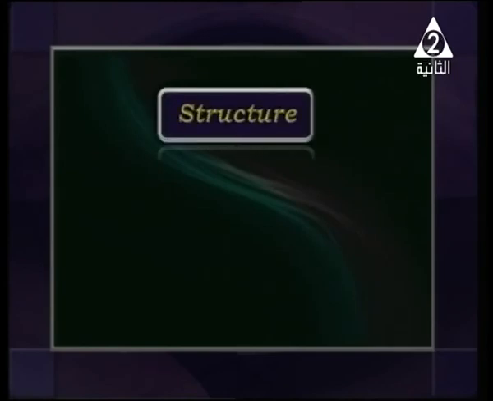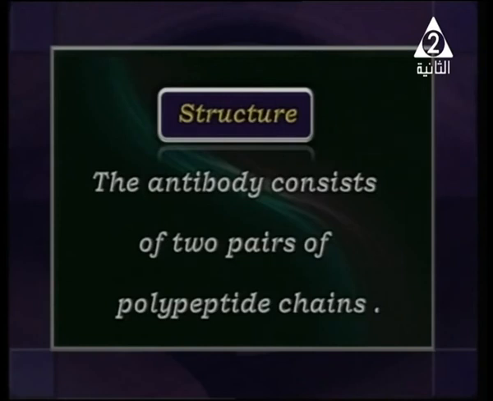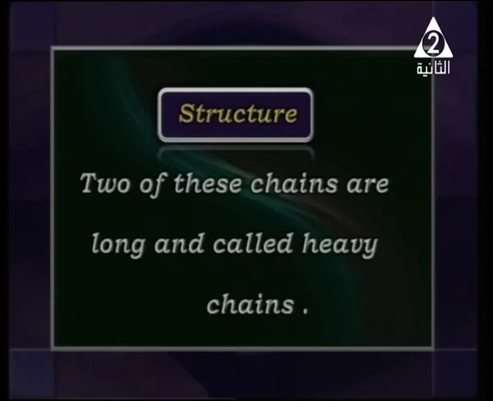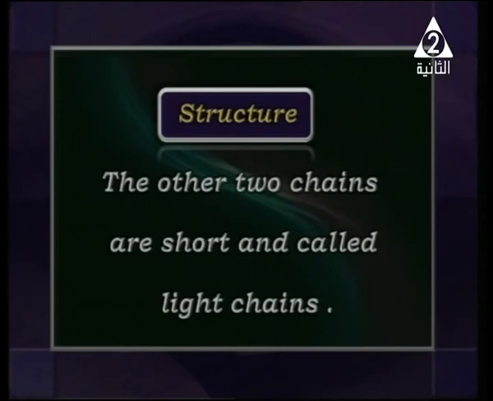The structure: the antibody consists of two pairs of polypeptide chains. Do you remember the polypeptide chain? Okay, number two, two of these polypeptide chains are long and are called heavy chains. I have a picture for you. Don't worry about the imagination here. The last piece of information about the structure is that the other two chains are short and are called the light chains. So we have the heavy chains and we have the light chains.